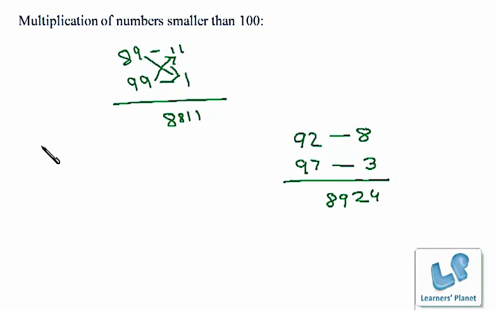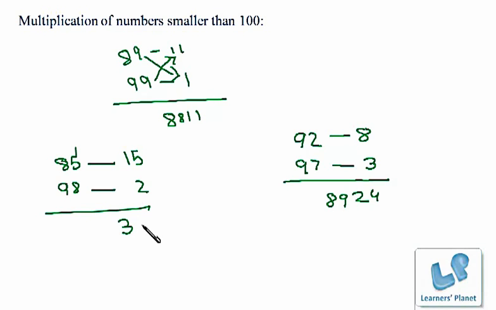Now let us try to multiply 85 with 98. So this is minus 15 and this is minus 2. And 15 into 2 is 30. The cross subtraction of 85 and 2 would be 83. So the product of 85 and 98 is 8330.